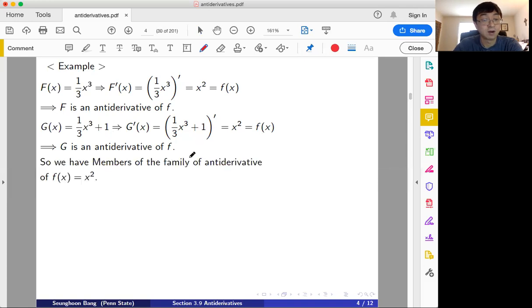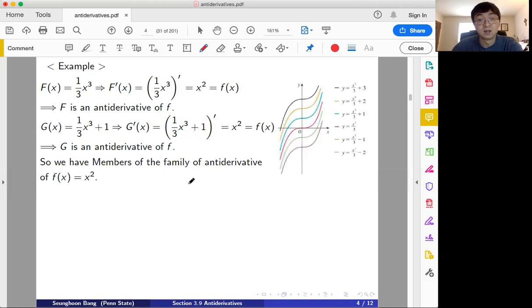So we have a lot of members in the family of antiderivatives of f of x here: x cubed over 3 plus 3, plus 2, plus 1, x cubed over 3, x cubed over 3 minus 1, minus 2. We have infinitely many antiderivatives of x squared.